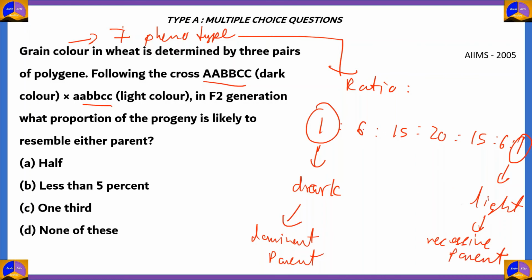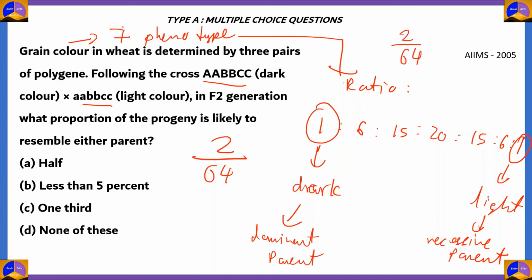So 2 of these resemble their parents, and when you add the number of terms here, you get 64. So 2 out of 64 of the F2 generation has the resemblance to their parents. And we have to find 2/64 in percentages.